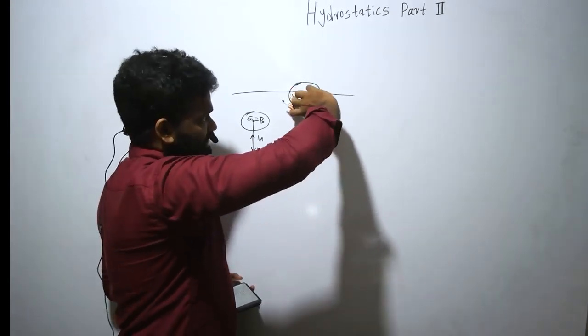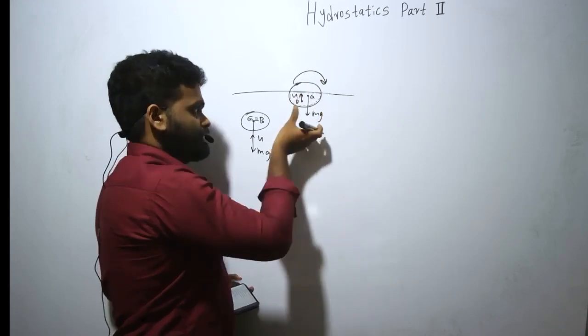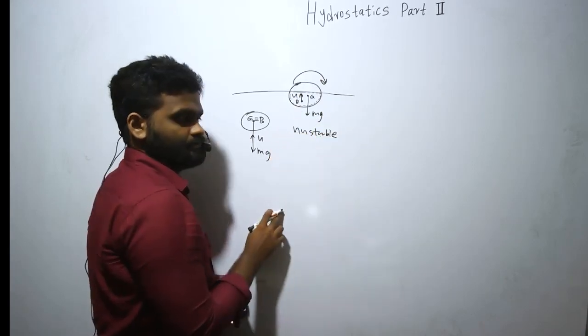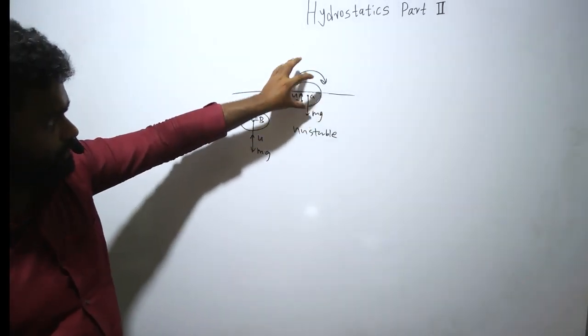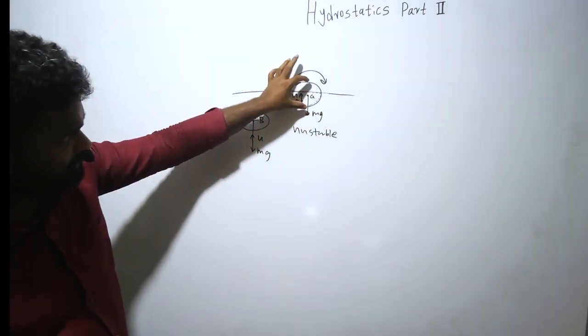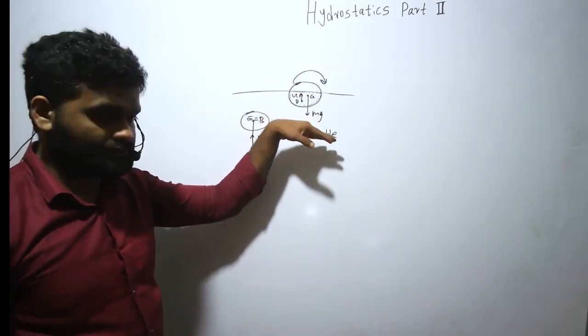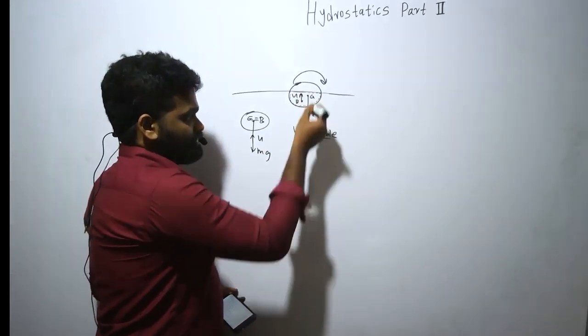You can see this creates a couple, and that couple rotates the object. So in this case it is unstable. The original position cannot be regained. If you tilt it a bit, it just flips. So that equilibrium position is unstable.